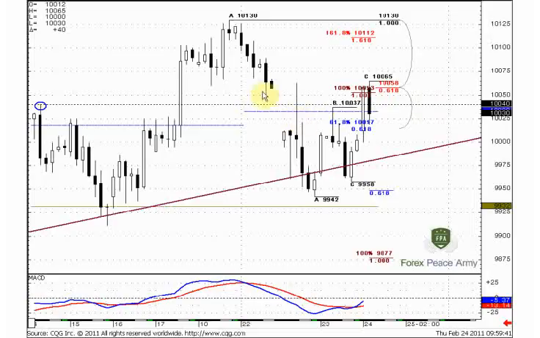So possibly this ABCD pattern, which is in general a bearish pattern, will work. You can see that the 61.8% target from this larger ABC pattern is just below the C point. The 100% expansion target is 98.77, right here. So it assumes a breakout of this area and cancelling of the daily butterfly buy.